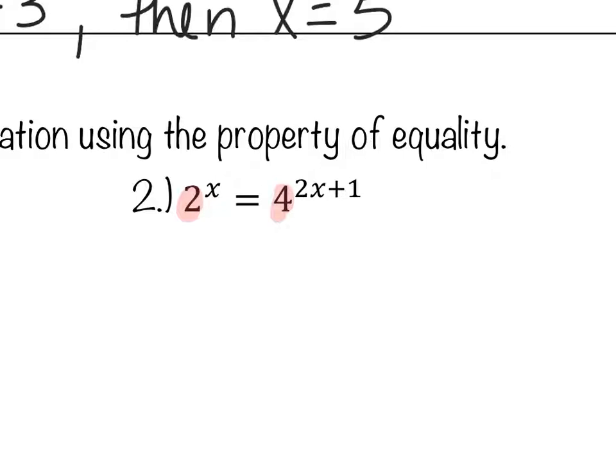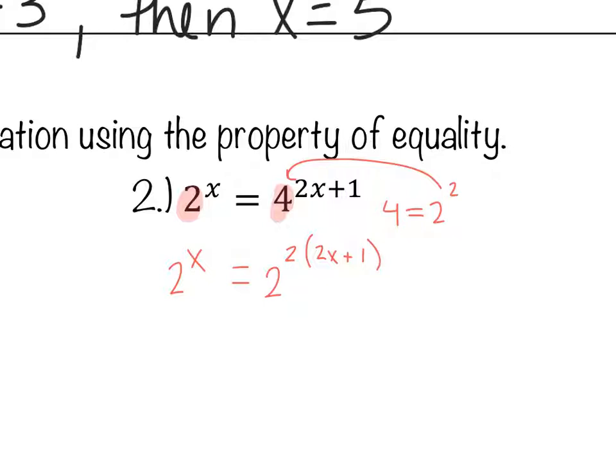But 4 is just 2 squared. So I can put this in place of that, and I end up with 2 to the x equals 2 squared. Now that 2 is going to go up top with the 2x plus 1 and multiply it.